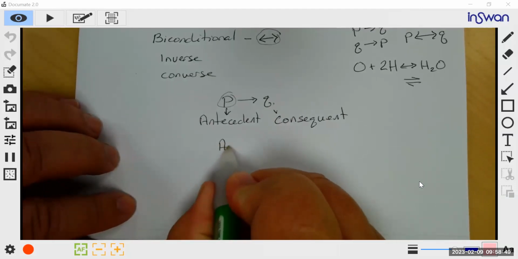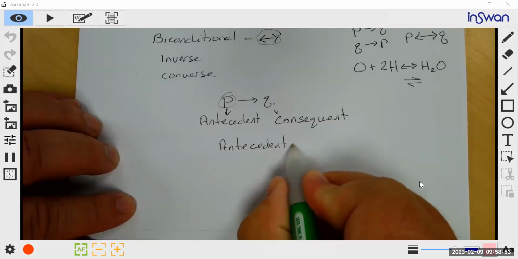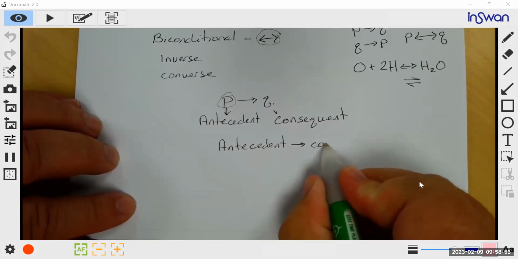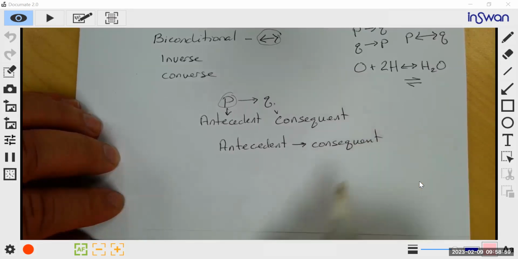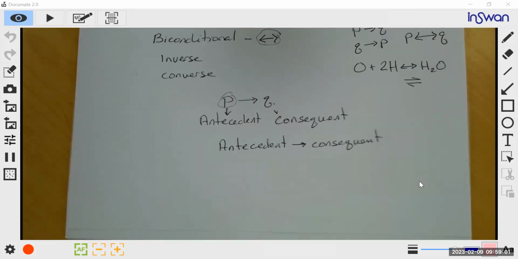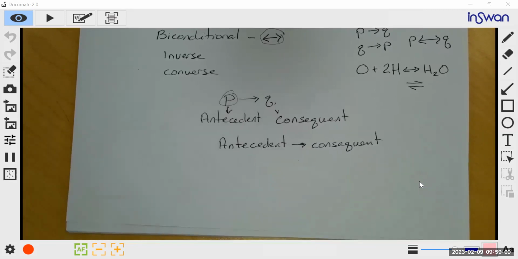So it goes antecedent implies consequent, or an action implies a consequence.